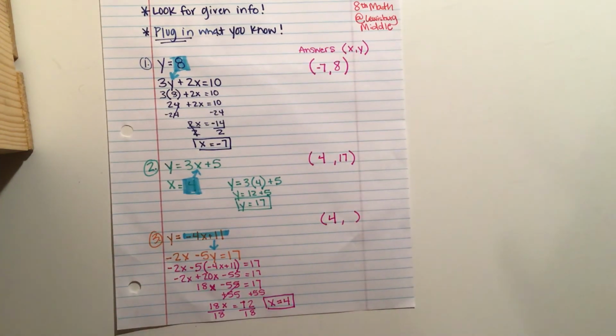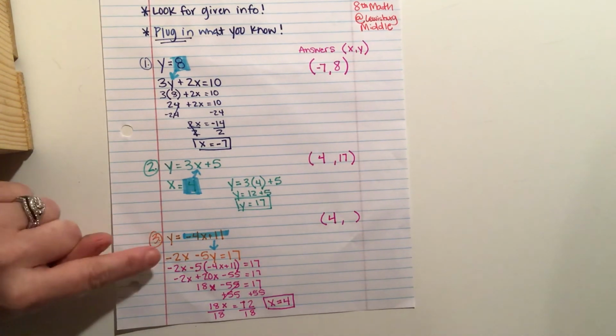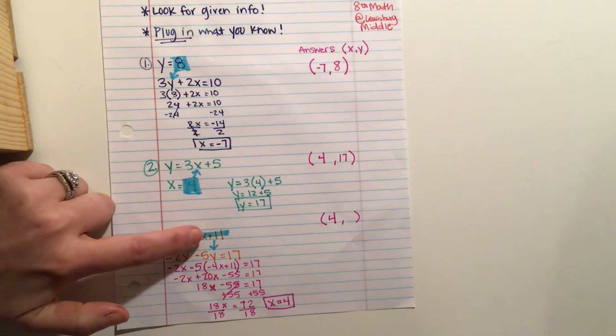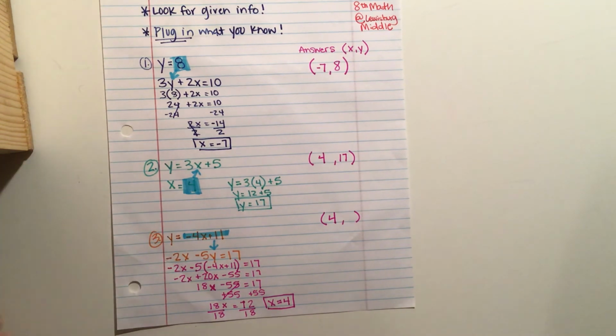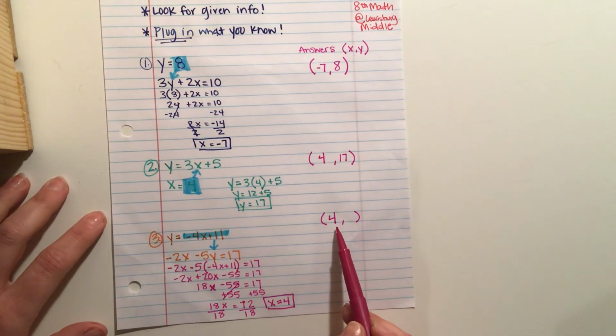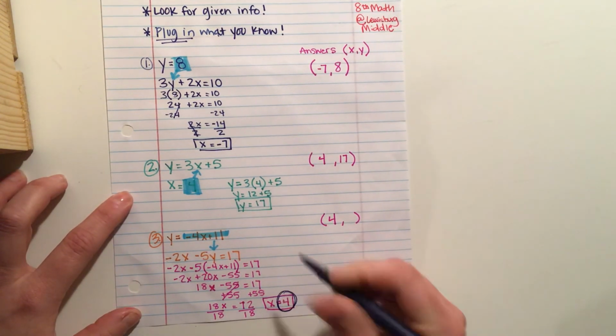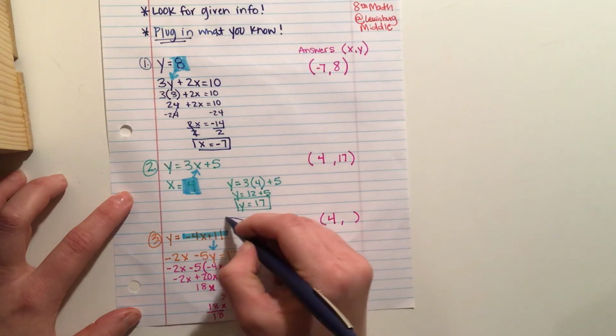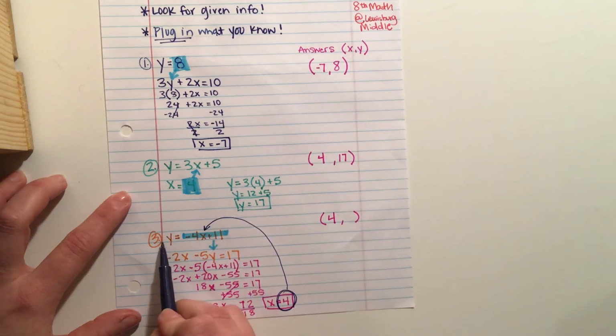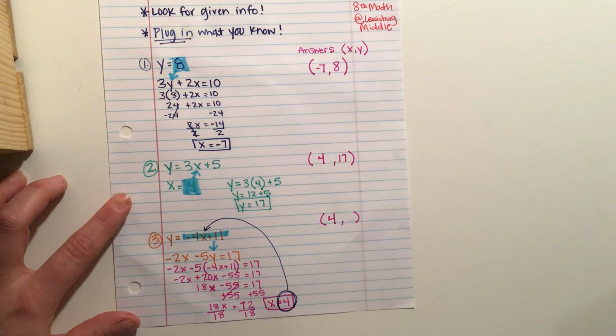Did we know what our y equals? No, we didn't. We do know that y equals negative 4 times x plus 11. Well, because I know what x equals, I can take this x equals 4 and plug it back in for the x spot in this one to know what y equals.